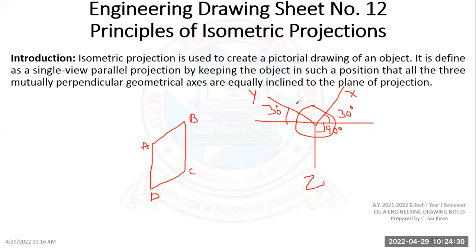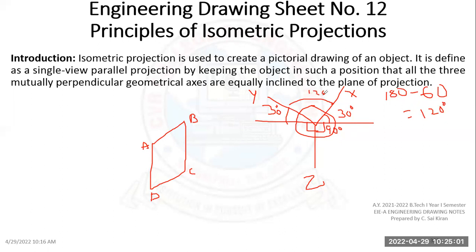And the internal angle, how do we calculate it? It is a straight line, so it is 180 degrees minus 60 degrees, because one side is 30 and the other side is 30, since this is 90 and this is 90. So 120 minus 90 will become 30, and 180 minus 60 gives an internal angle of 120.